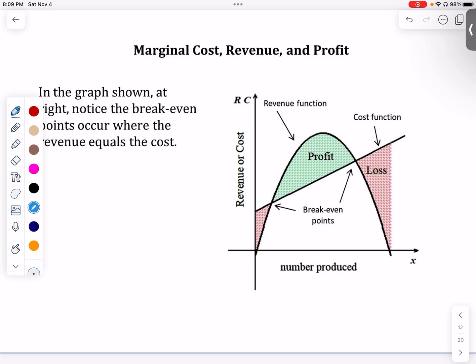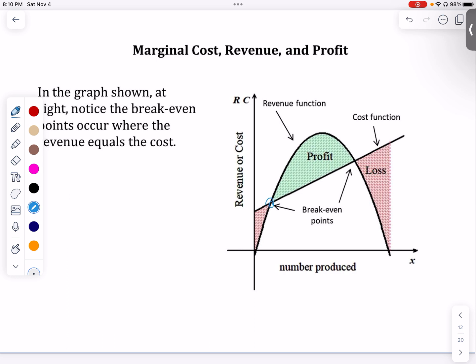Okay, I quit. In the graph shown at the right, notice the break-even point occurs where revenue equals cost. Makes sense, right? When those meet right here and here, it's telling us that if our cost and our revenue are exactly the same, we are breaking even. We're not earning any money, we're not losing any money. And so a company would obviously be most interested to know how to maximize profits.